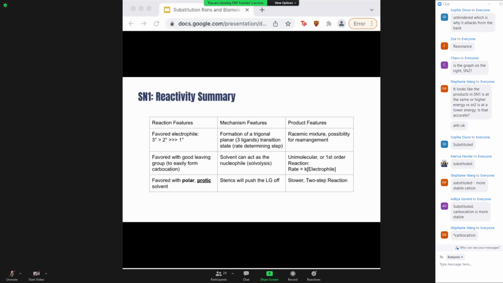And it's unimolecular, which means that the rate only considers the concentration of the electrophile because it really only matters how many carbocation intermediates you can form in order to proceed, since that step is the rate determining step. And it is a slower two-step reaction.